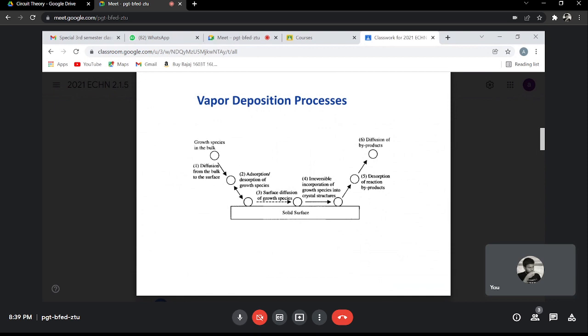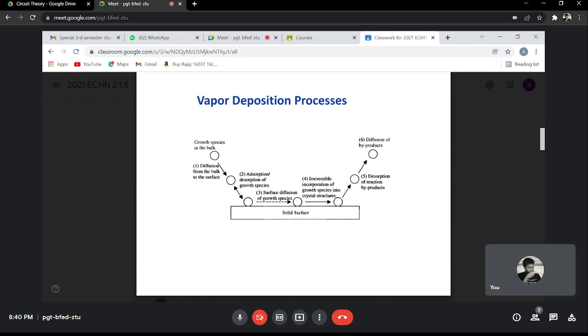Diffusion is simply a transport from a higher concentration to a lower concentration. If there is more material at one side, it will diffuse to the sparsely populated ones, and then you will get a uniform coating. So that is surface diffusion, which is very, very important. And it's still bound, but it's loosely bound.